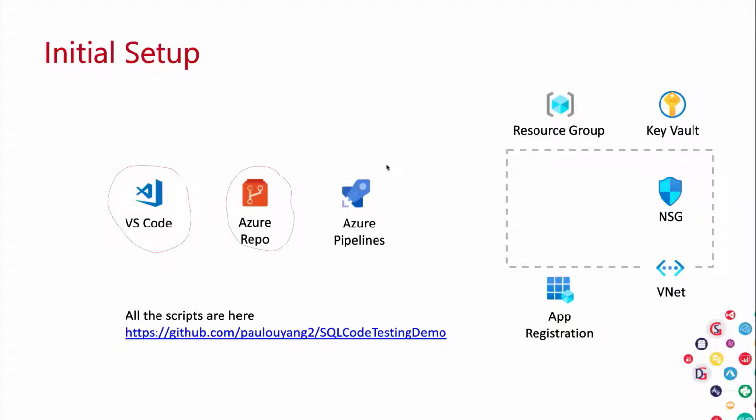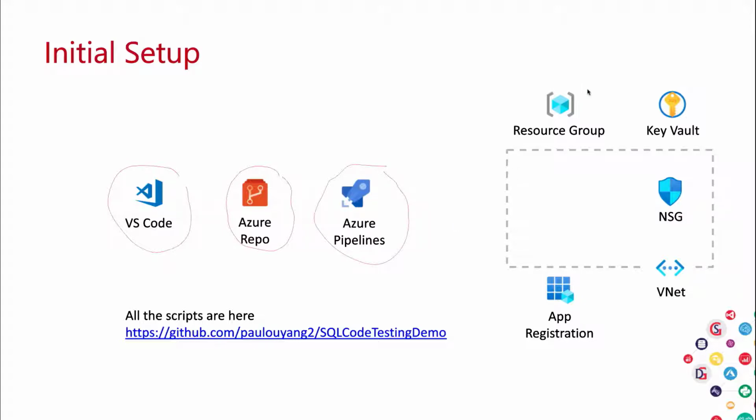And we also are going to create a pipeline to create those 5 VMs: SQL 2012, 2014, 2016, 2017, and 2019. But before we create the VMs, we're going to set up some Azure resources.